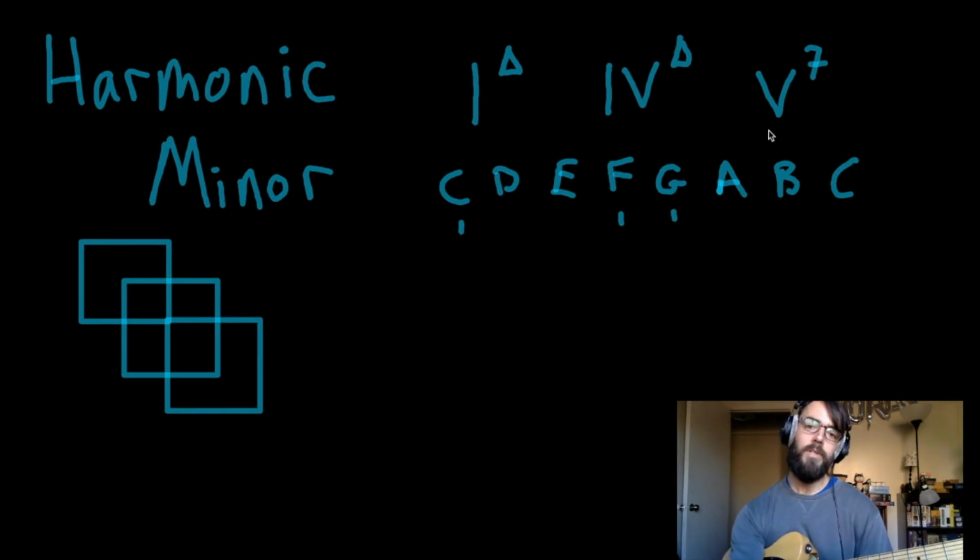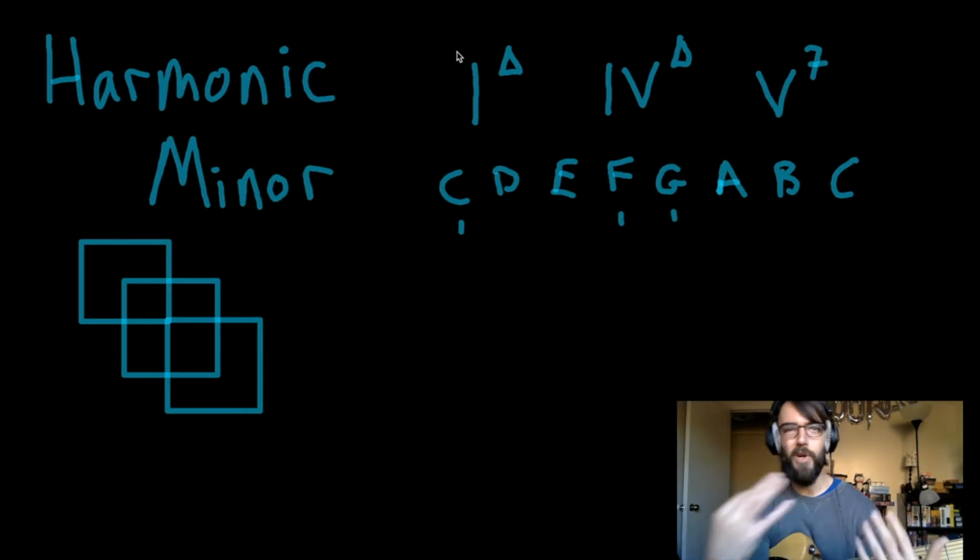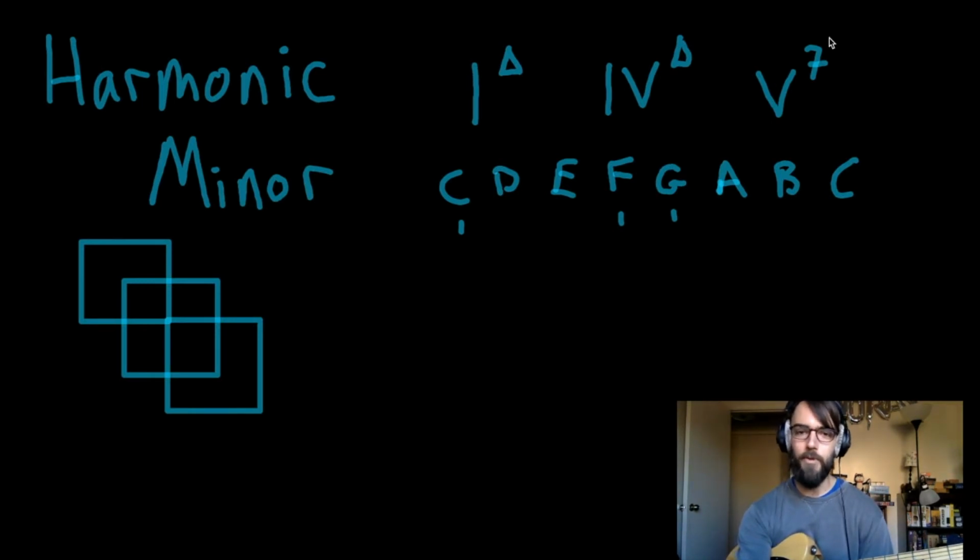So when we're building this chord progression 1-4-5 in a major key like this, then we get this kind of perfect harmony happening, where we have this dominant chord that is designed, as far as our ear is concerned, to resolve back to the 1 chord.